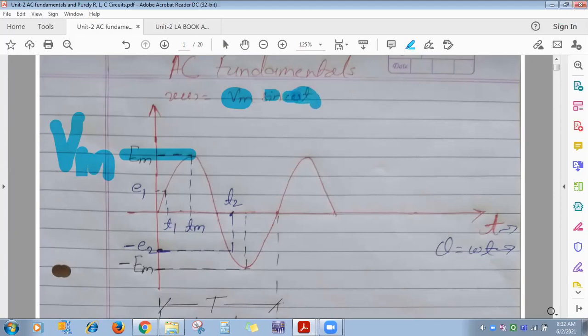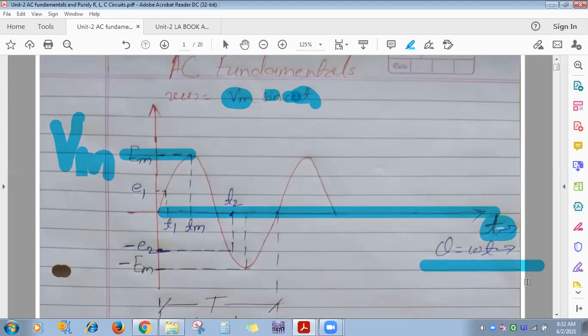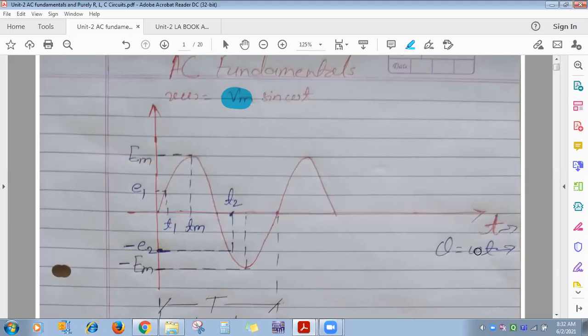Along the x-axis you can denote time, or you can denote theta also. Omega is the angular frequency. Its unit is radian per second, and theta is equal to omega t. So radian per second into second, the second will cancel, leaving radian.